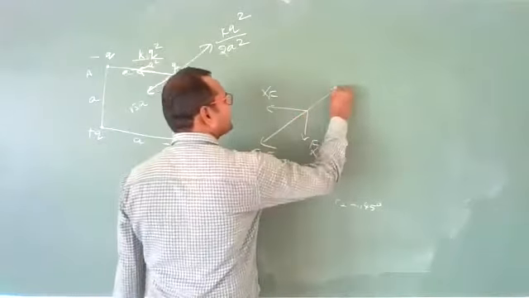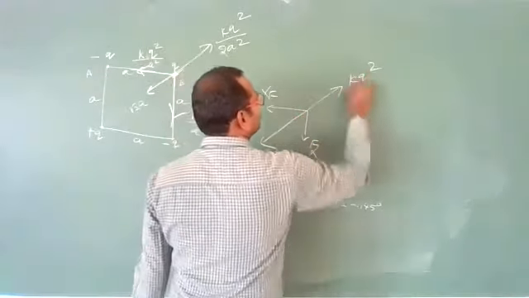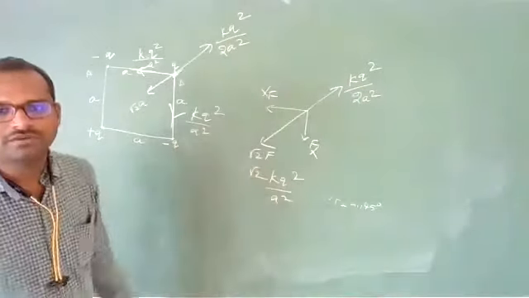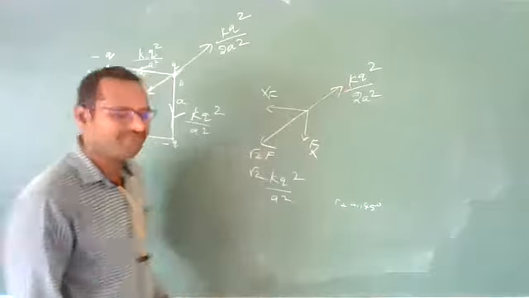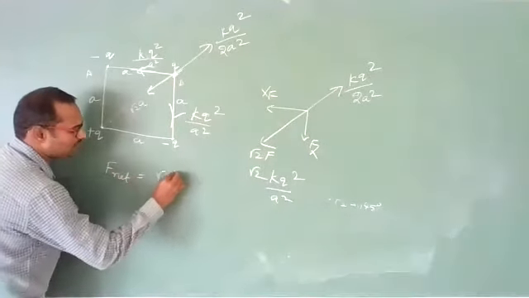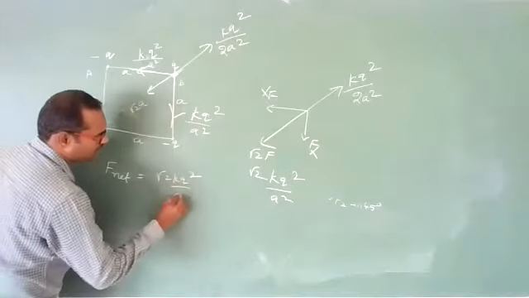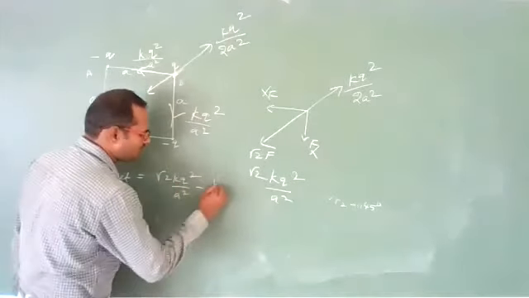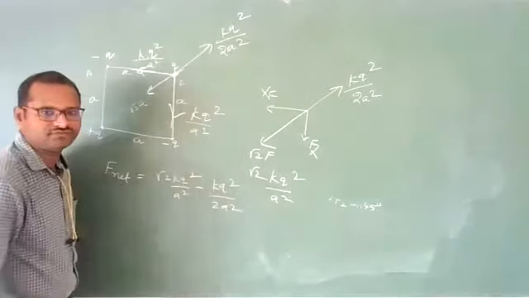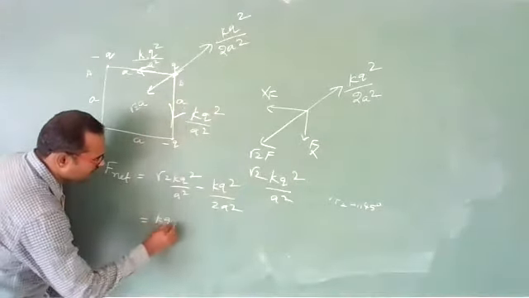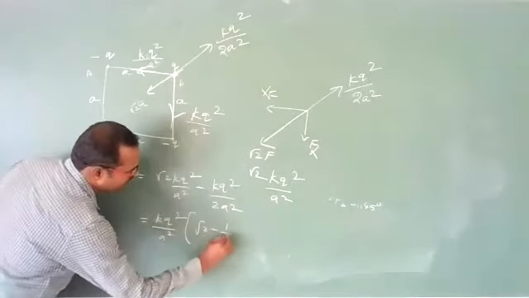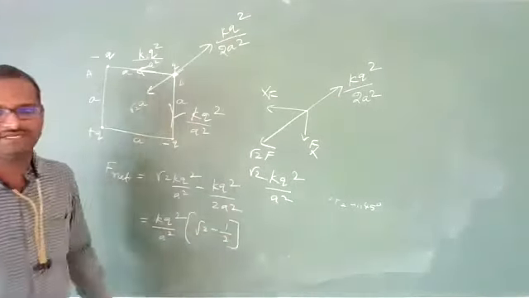One more is there in this direction, that is kq square by 2a square. Which is more? This is more. This minus this you need to do. F net is equal to root 2 times kq square by a square minus kq square by 2a square. This will be the net force. Taking kq square by a square common, you will get root 2 minus 1 by 2. This will be the answer.